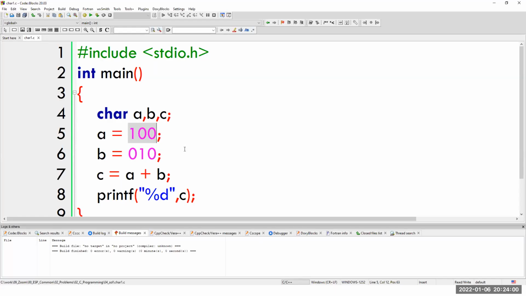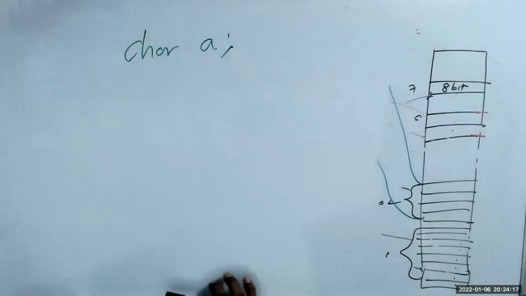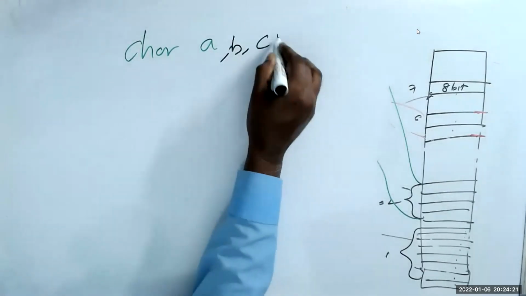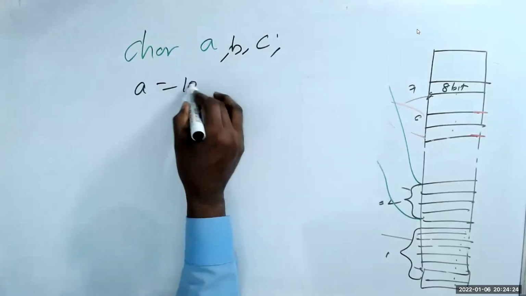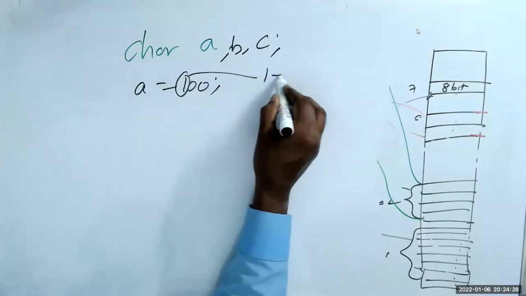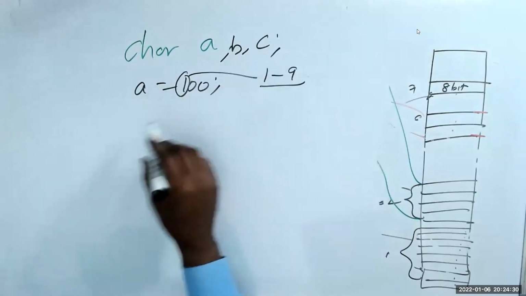We got 108. Why? There's a small trick you need to understand about what exactly happened here. When you say A equal to 100, since it starts with 1 to 9, the compiler assumes this is decimal.